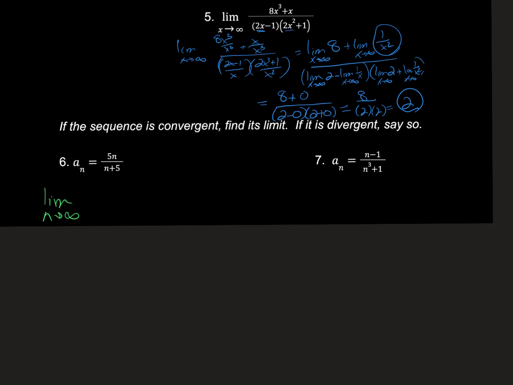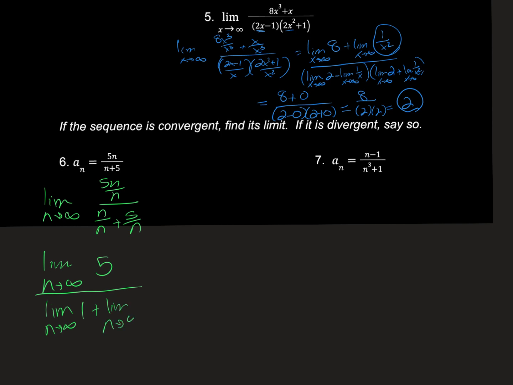Since the biggest degree is 1, I'm going to do the 5n divided by n, the n divided by n, and the 5 divided by n. I'm going to take the limits of all those. So let's go limit as n approaches infinity of 5. That's the numerator. On my denominator, the limit as n goes to infinity of 1 plus the limit as n goes to infinity of 5 over n.